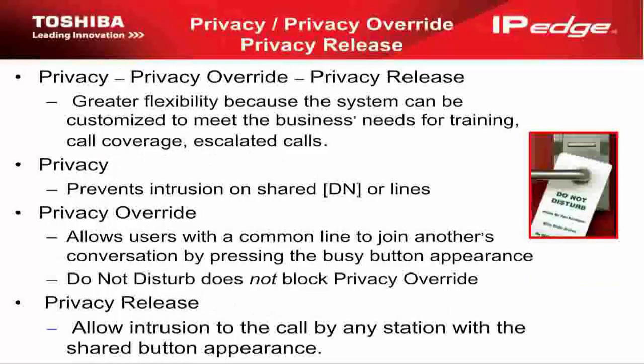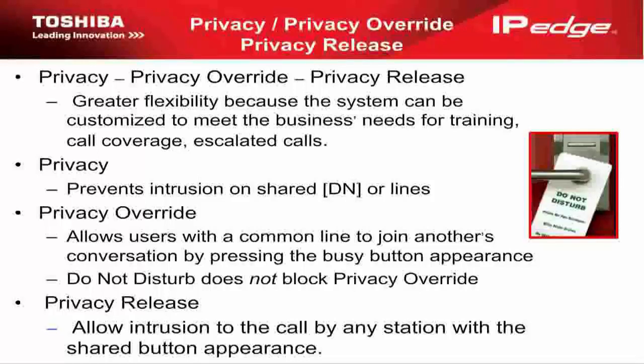IPedge offers privacy, privacy override, and privacy release options. These options offer greater flexibility because the system can be customized to meet the business needs for training, call coverage, escalated calls, etc. Privacy prevents intrusion on calls that appear on shared or common DN or line buttons.